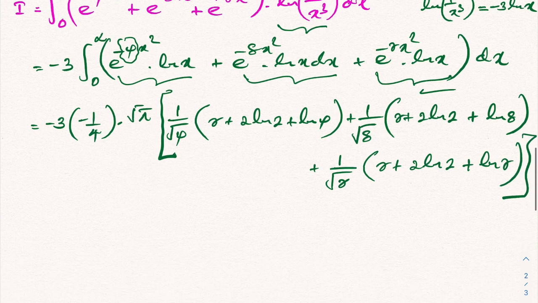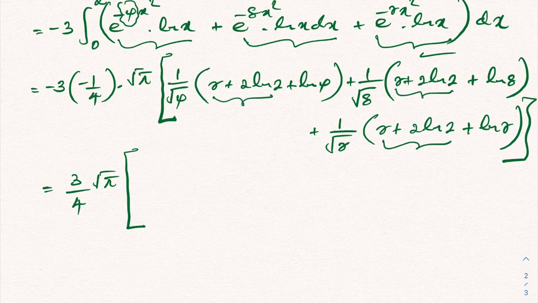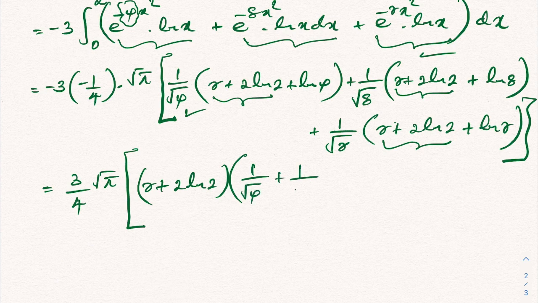Okay, then we can simplify: here 3 over 4 times square root of pi times gamma plus 2 times natural log of 2, times 1 over square root of phi plus 1 over square root of delta plus 1 over square root of gamma.